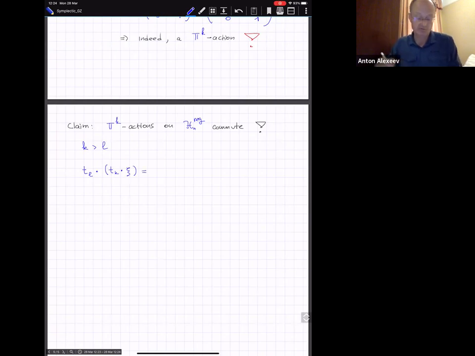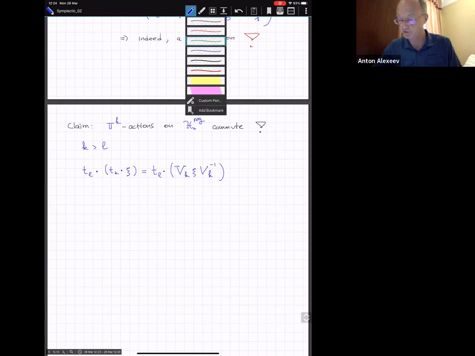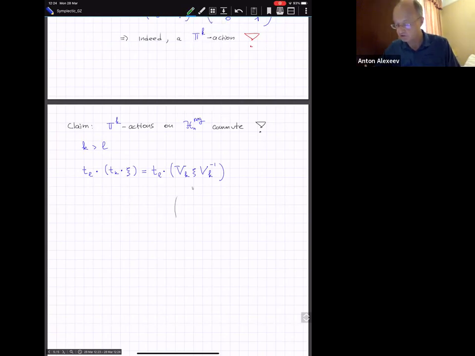Well, we know that this is Tl acting on Vk Xi Vk minus 1. But we know that in this matrix, the k by k corner remains the same.